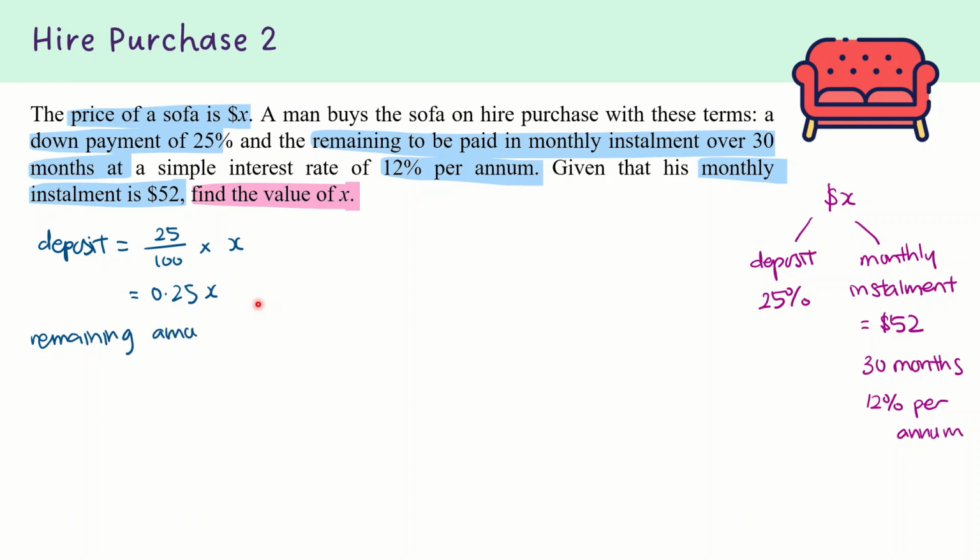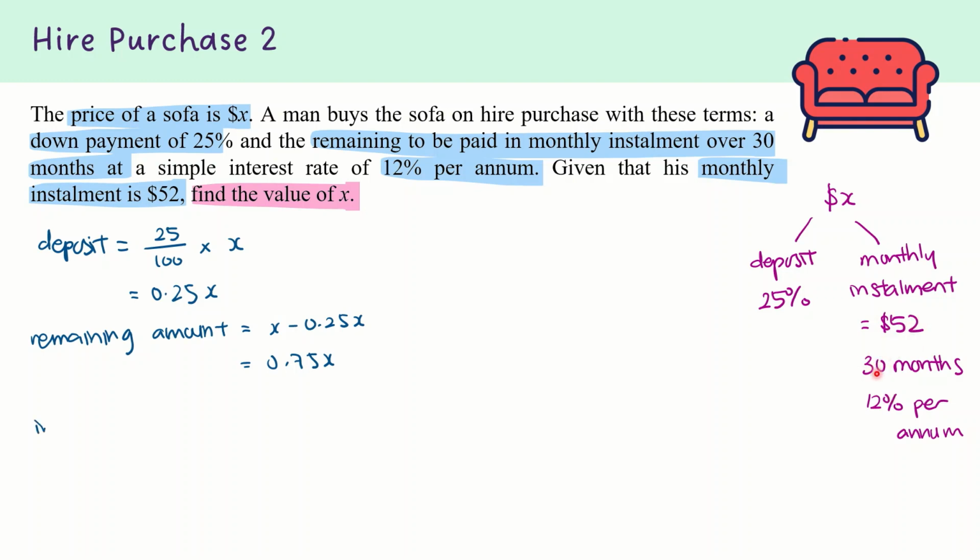Then this means that the remaining amount will be X minus 0.25X equals 0.75X. Again, to find the expression for the remaining amount, you could always take 75% times X. You will still get the same expression. So what this says is that the remaining amount with the interest will be 0.75X plus interest to get this 52 times 30 months.